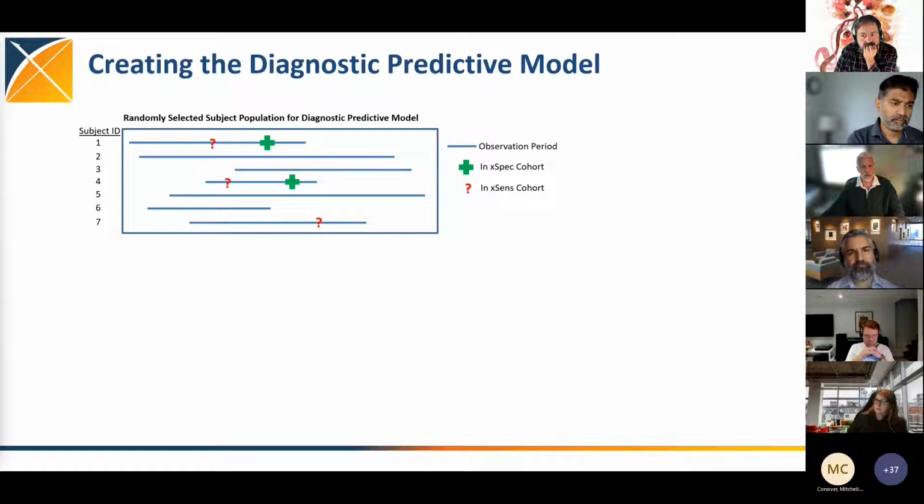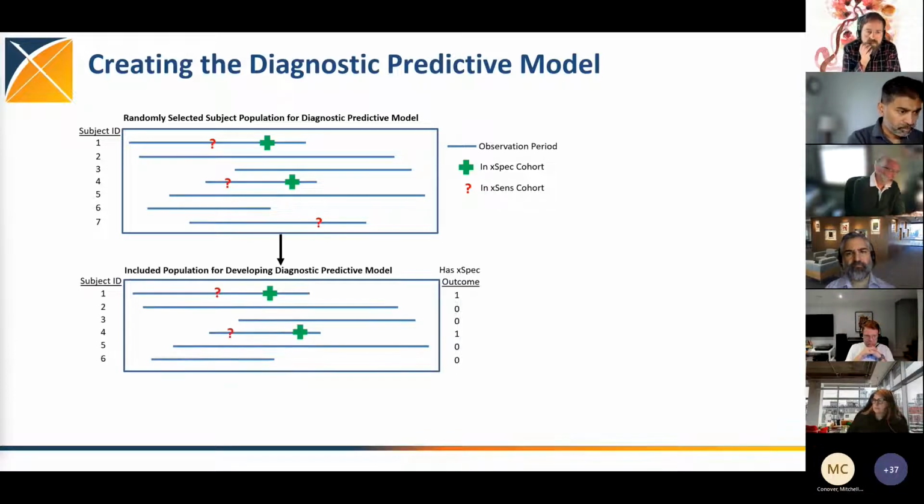And the rest of the subjects were in either the X-spec or the N-sense. This number 7 here is the questionable one. We don't know whether he's a case or not a case. So what we do is we eliminate that person from the model. And then we can more accurately label these 6 people who are left as being cases 1 or non-cases 0.